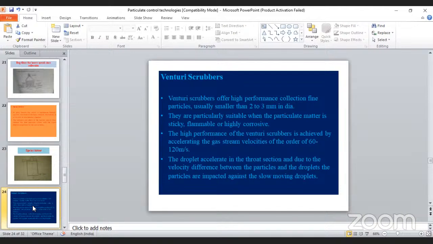Scrubbing means what? Can anyone tell me, please? What is meant by scrubbing? Removing dirt from the surface. That is a common term, okay. This scrubbing technology, removing unwanted things or dust from the surface, is also scrubbing. That is correct. Very good. It is a common English term.